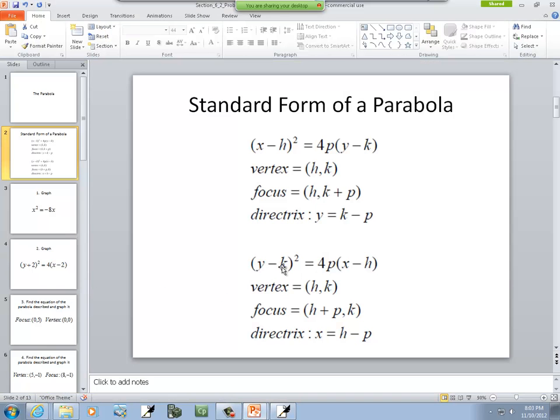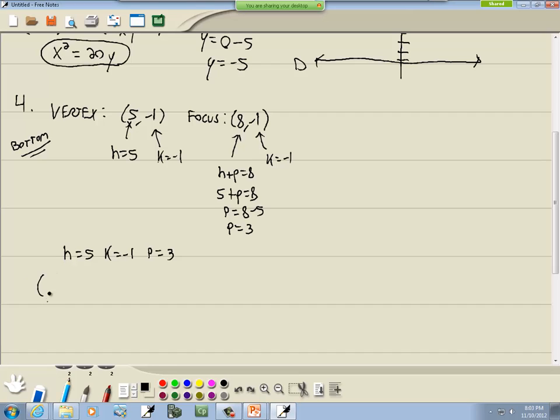Our bottom formula says y minus k squared is equal to 4p times x minus h. So we've got y minus k, and k was negative 1. 4 times p, p was 3. And x minus h, and h is 5.